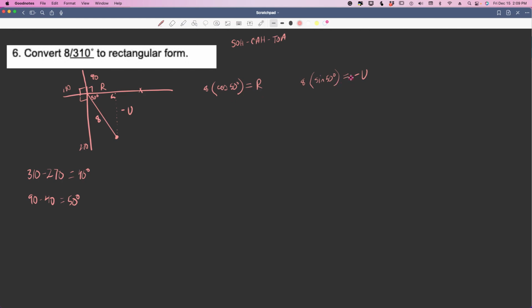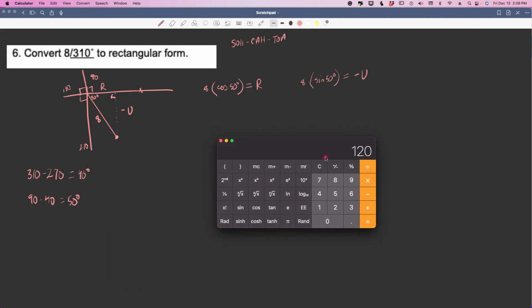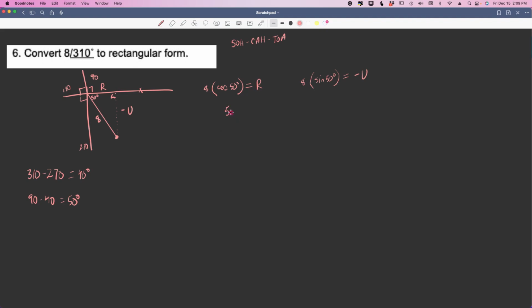So all we have to do is pull up our calculator. So let's pull that up, and we are going to just type it in. So I'm going to find 50 cosine times 8 equals 5.14. I'm going to round it to 2 decimal places because that's what we like to use. 5.14 equals r.